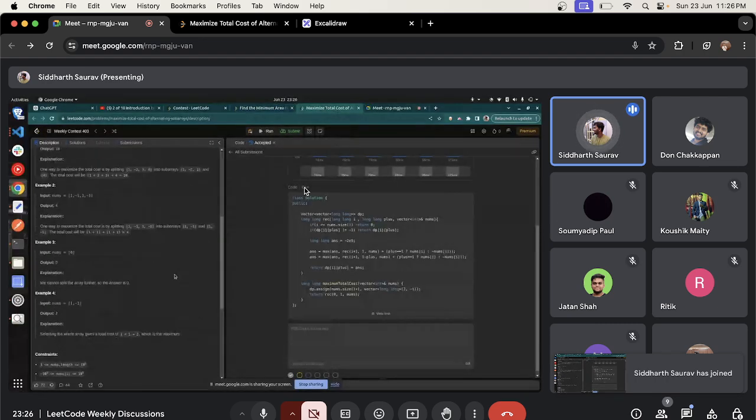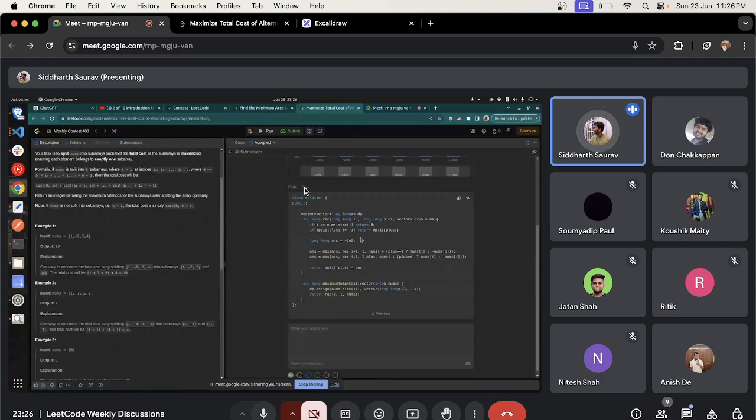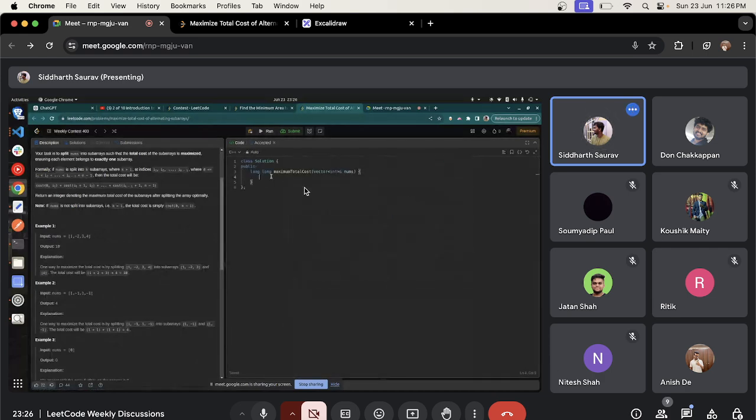Okay, so in this question, we have to maximize the total cost of alternating subarrays. I will try to explain this with an example. Suppose we have an array like this: 1, 2, 3, 1, 2, 5, 4. We have to divide this array into certain partitions.